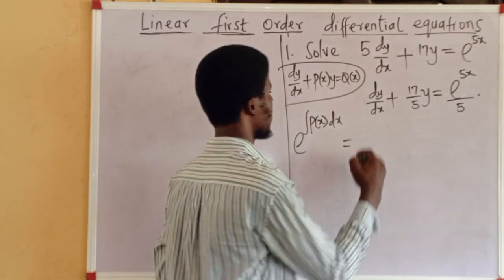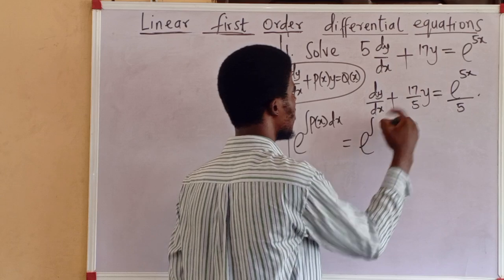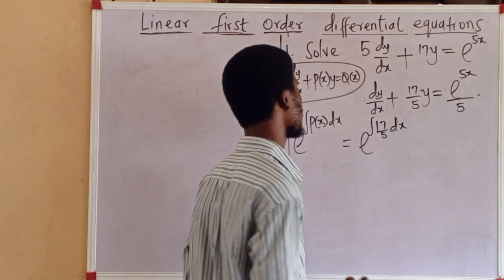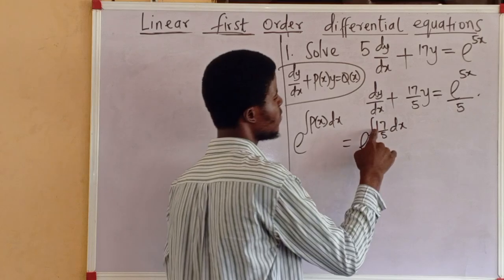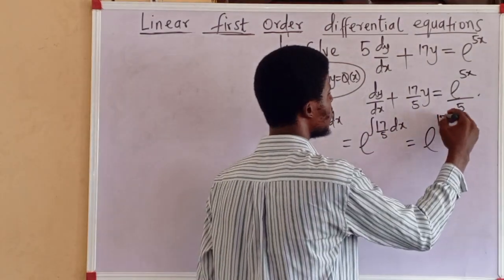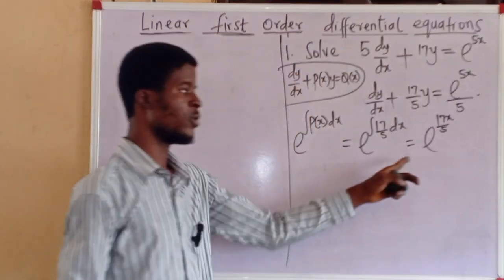So this is e to the power of the integral of 17 over 5 dx. Integrating 17 over 5 with respect to x, we obtain 17x all over 5. That is the integrating factor.